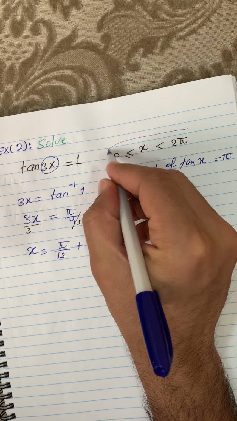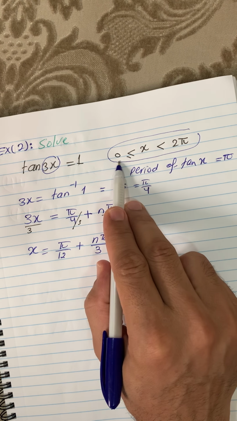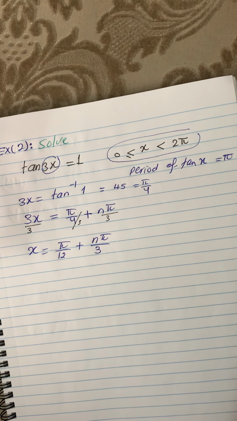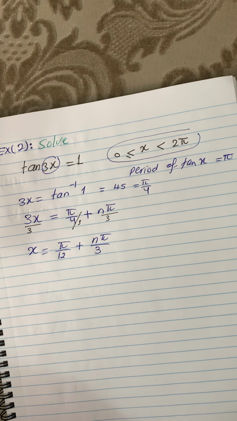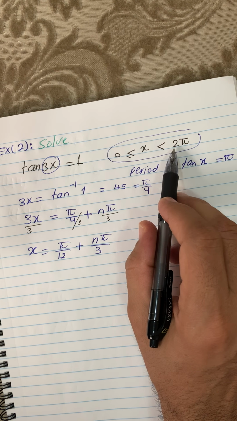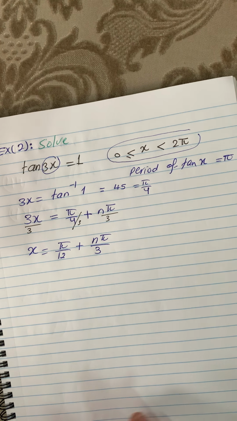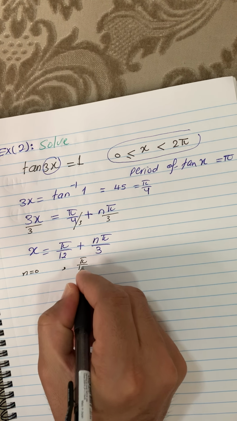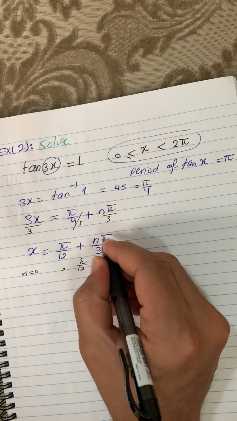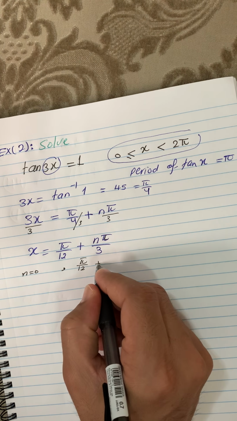In which interval? In the interval from 0 to 2 pi. Now, let's do substitution for n equals 1, n equals 2, n equals 3, until all the numbers are less than 2 pi. If you get a number more than 2 pi, this is not a solution. When n equals 0, the solution will be pi over 12 plus 0 pi over 3, which is 0.